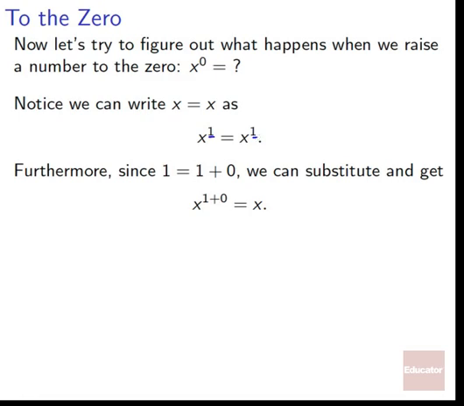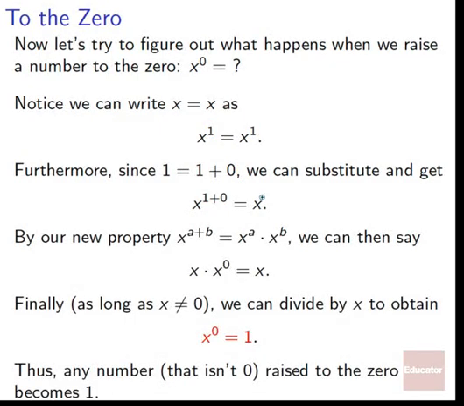But not only that, we know that 1 is equal to 1 plus 0, right? 1 plus 0 is just 1. So if we want, we can take this 1 right here, and we'll substitute it for 1 plus 0, and we have x to the 1 plus 0, and then we'll just knock out this 1 and leave it as x, just so it's easier to read what's going on. So we've got x to the 1 plus 0 equals x. So this means we've got a 0 on the field that we can play with.